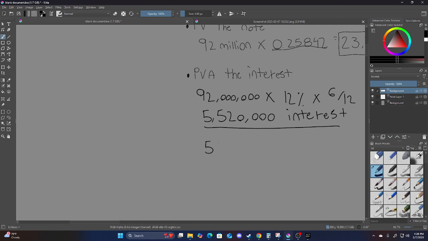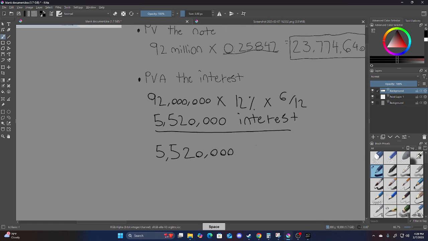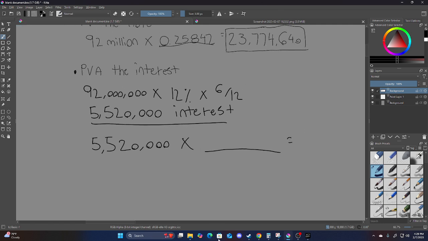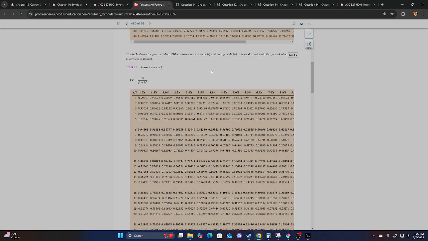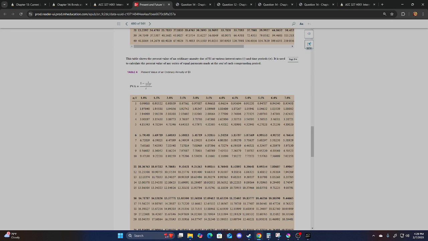So we just have to take the PVA factor of that. We said N equals 20, I equals 7.